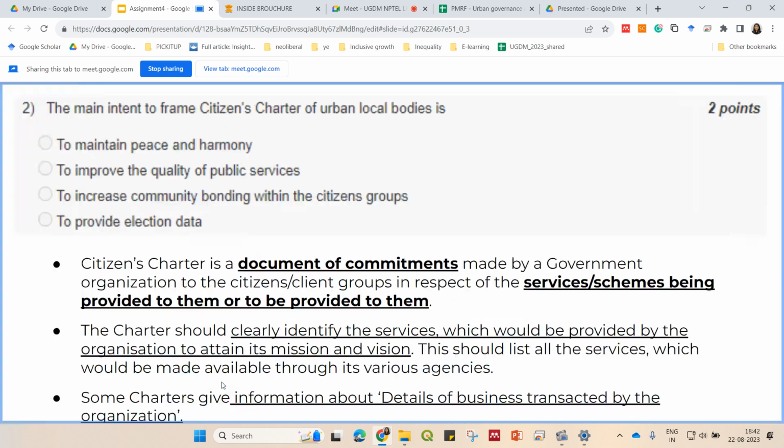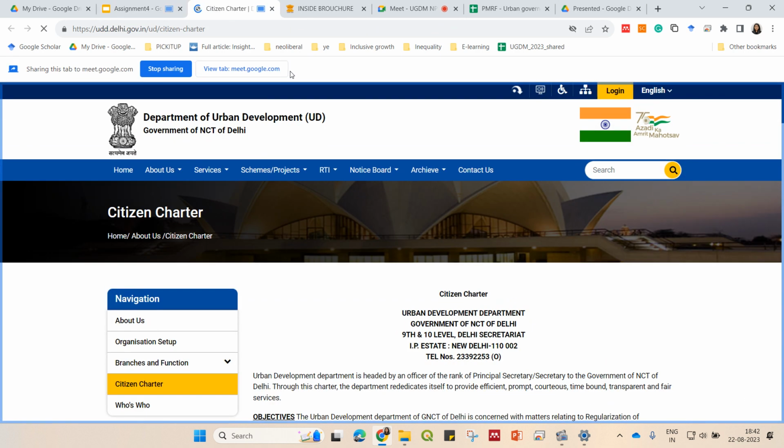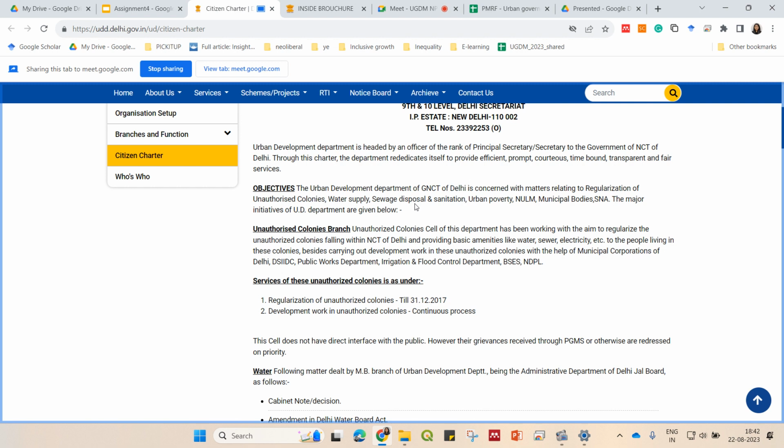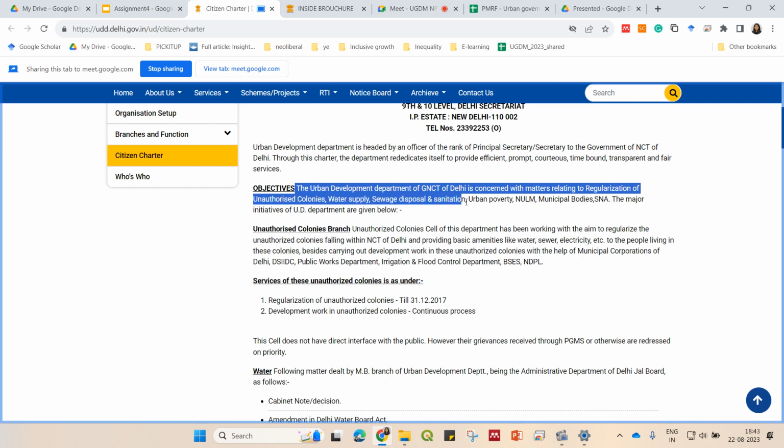You can just click on through to this link and see this document here. So you can see it is a citizen charter which has been developed by the Urban Development Department, Government of the City of Delhi. You can see here in their objectives they have mentioned that the Urban Development Department GNCT of Delhi is concerned with the matters relating to regularization of unauthorized colonies, water supply, sewage disposal and sanitation, urban poverty, NULM, municipal bodies, and SNA.